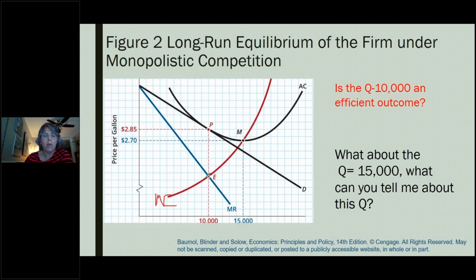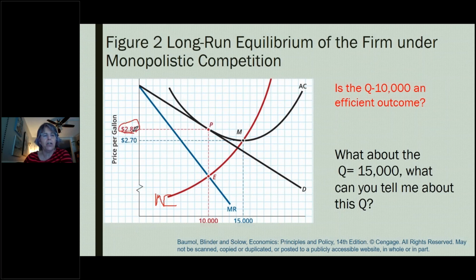You're going to produce where marginal revenue equals marginal cost. And then you're going to go up here and bump into the demand curve to find out what price you're going to charge. Remember, the price is determined by demand. Now you go up the same Q until you bump into the average cost curve and you see it's the same.